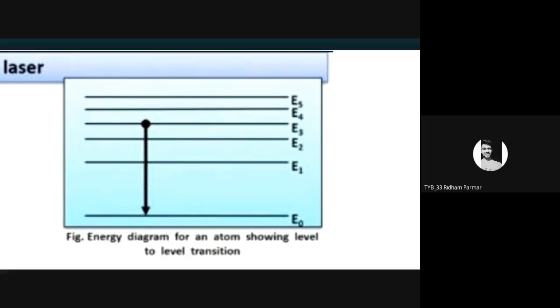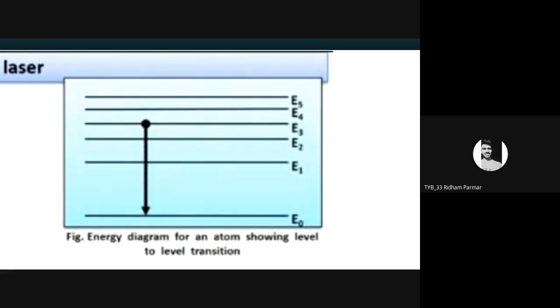This photon contacts with another atom in that lasing medium. So this atom will also break down back and release a photon having the same characteristic, meaning the same wavelength, same phase, same direction, and the same energy. So it will also generate another photon having the same characteristic.